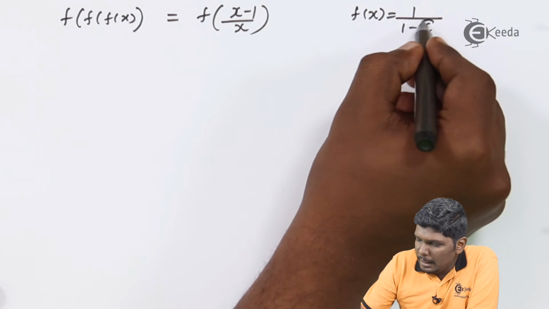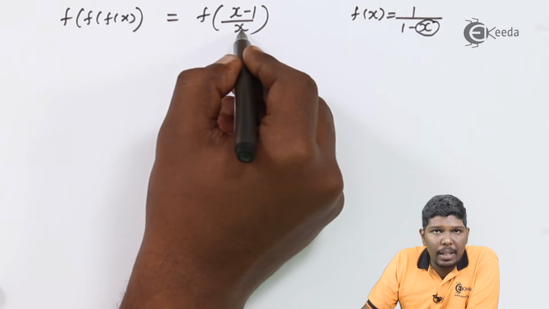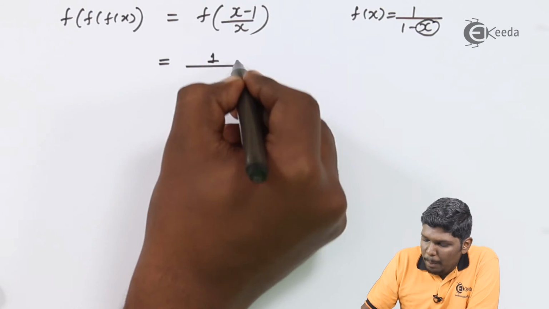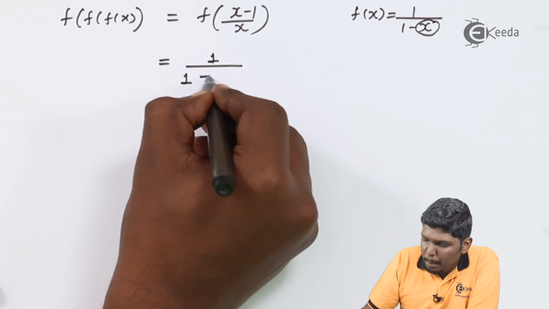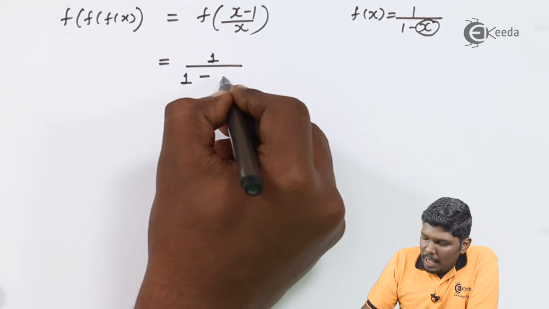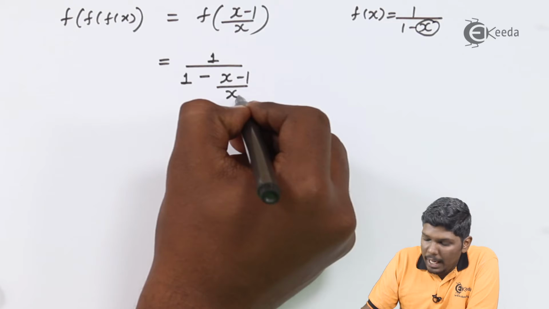Again here x will be replaced by x minus 1 upon x. So 1 as it is upon 1 as it is minus, here comes the x. For that x we will write x minus 1 upon x.